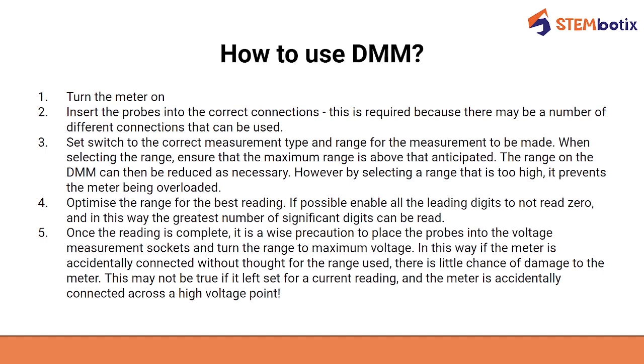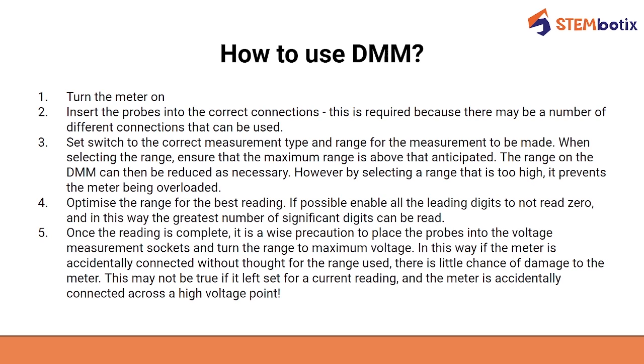Now, the fourth step is to optimize the range for the best reading. If possible, enable all the leading digits to not read zero, and in this way the greatest number of significant digits can be read. Fifth, once the reading is complete, it is a wise precaution to place the probes into the voltage measurement socket and turn the range to maximum voltage.